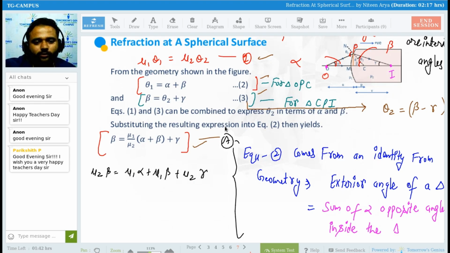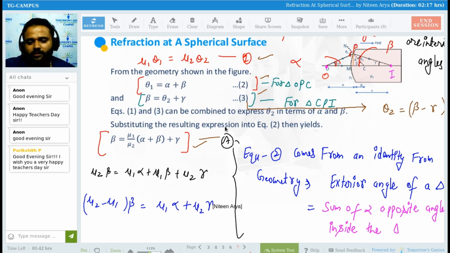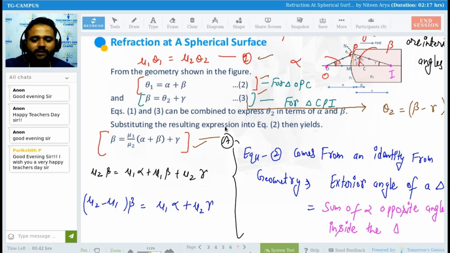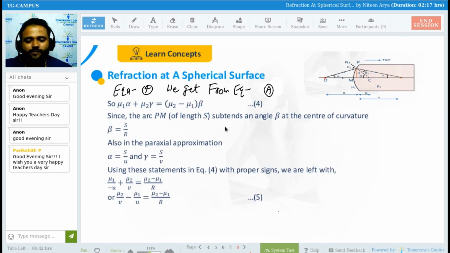When we take beta on one side, mu2 minus mu1 beta equals mu1 alpha plus mu2 gamma. I think we have the same equation. Just rearranging the terms, the right hand side is written over the left hand side and vice versa.